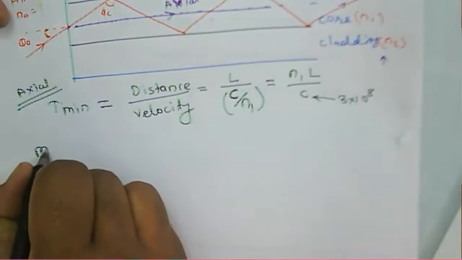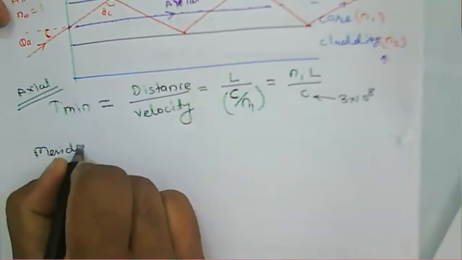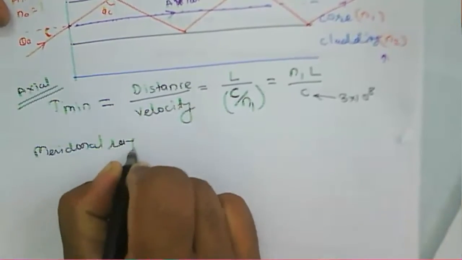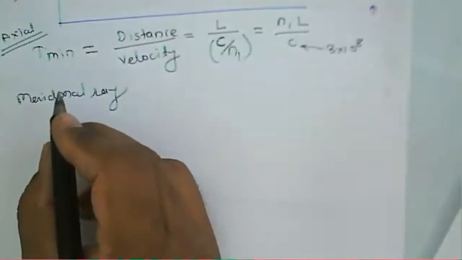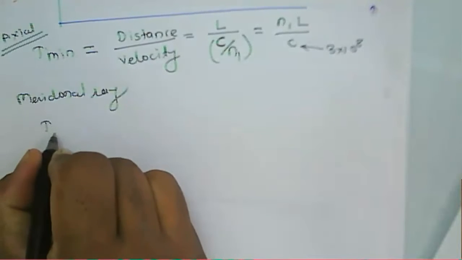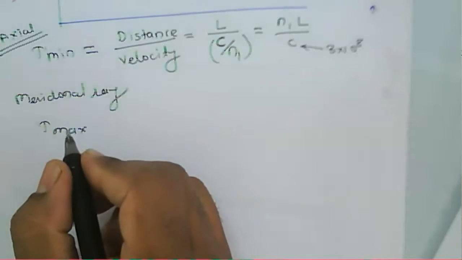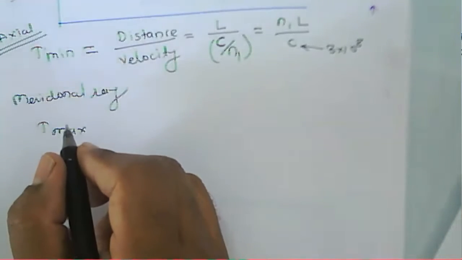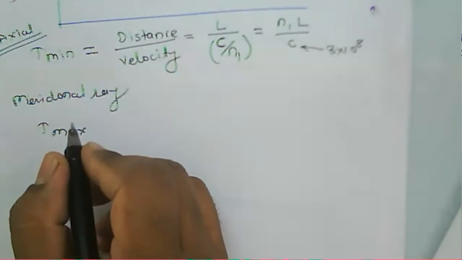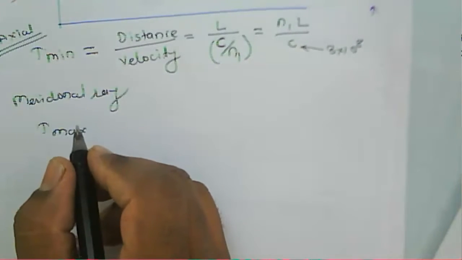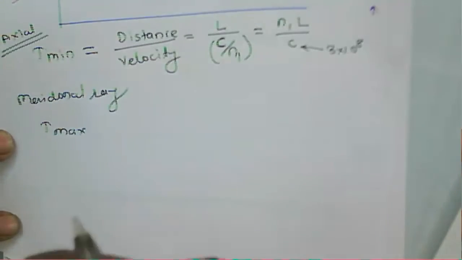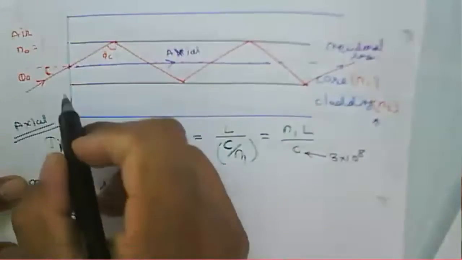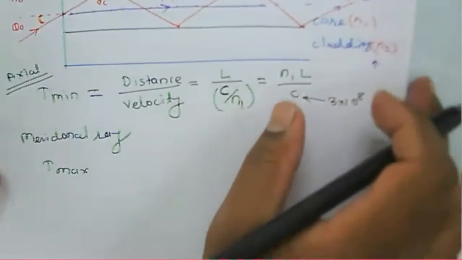Then for a meridional ray, which has the critical angle, it propagates through the fiber and travels a distance that is about the same length L, but with a maximum delay, because the path lengths are different here.